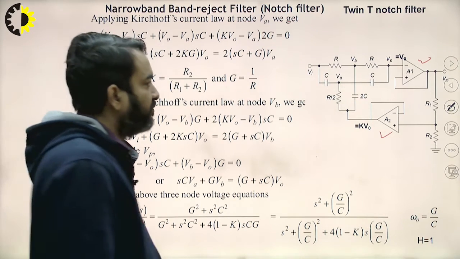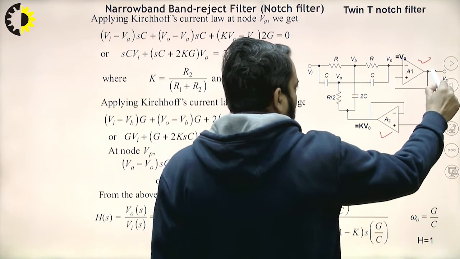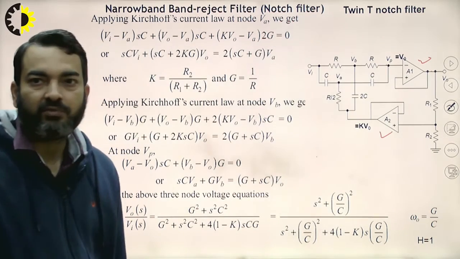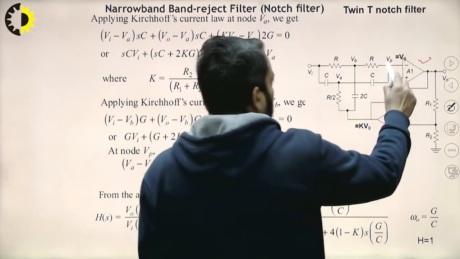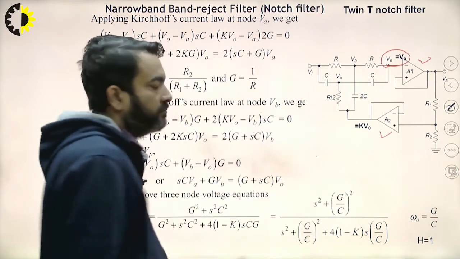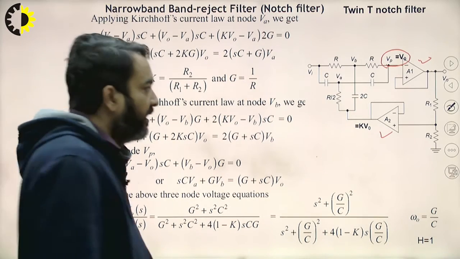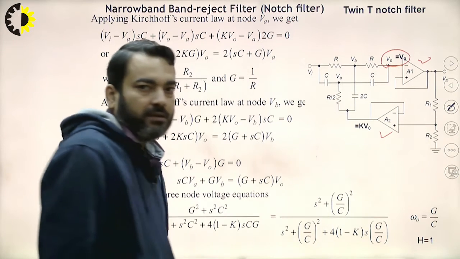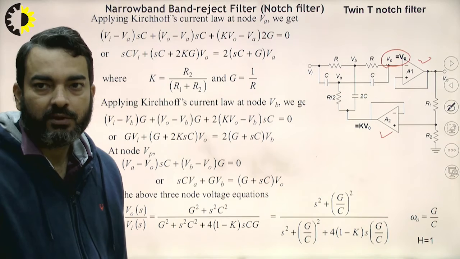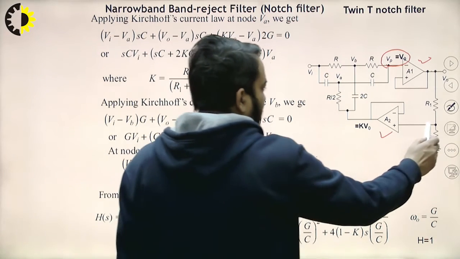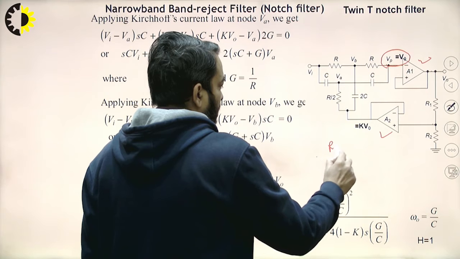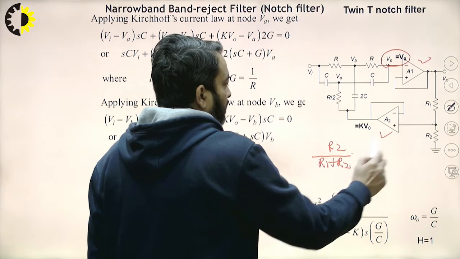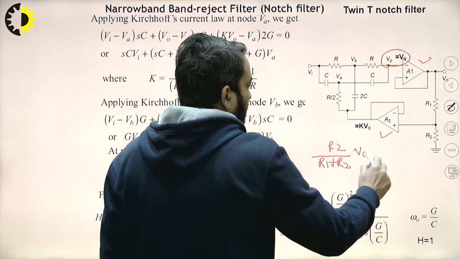So whatever voltage is available at this point, the same voltage will be available at this point. So we will say Vp is equal to V0. And here we have used one resistive network, R1 and R2. So the voltage at this point will be R2 upon R1 plus R2 multiplied by V0.